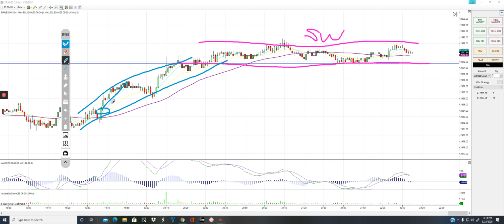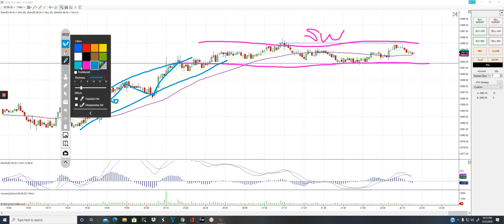Okay, if you didn't get in right here, you didn't get in right here, an uptrend will pull back and make a higher low, and then you catch the second leg up. All right, that's what I am teaching. This is what I teach my students how to do in the market every day.